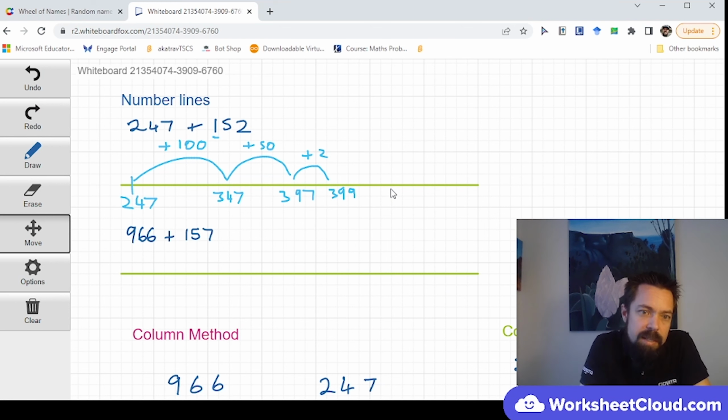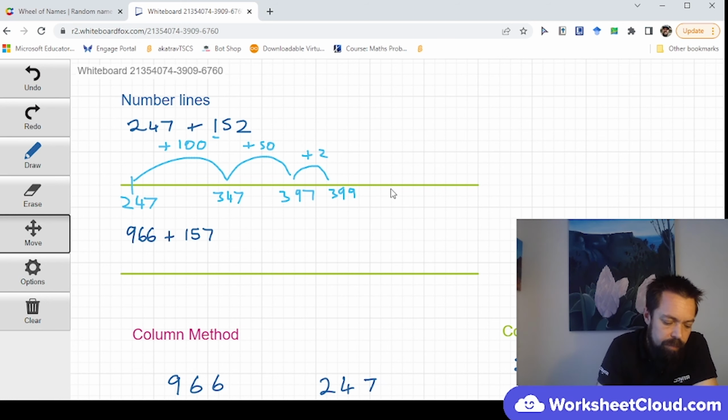Other people use number lines differently, so perhaps you rather want to jump until you get to 250 at the start instead of 247, and then once you've got to a nice number, you jump in nice jumps after that. I just jump the hundreds, then the tens, then the units. But if your mental arithmetic and your bonds are not so good, then maybe you want to do it the other way.